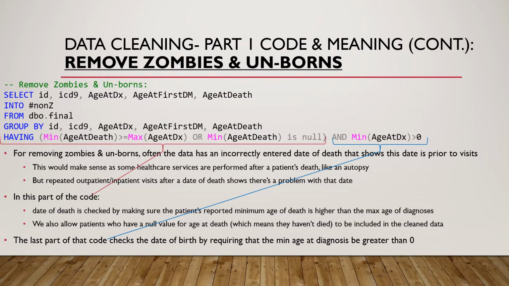In this part of the code, in the red brackets, date of death is checked by making sure the patient's reported minimum age of death is higher than the max age of diagnosis. We also allow patients who have a null value for age at death, which means they haven't died, to be included in the clean data. The last part of that code checks the date of birth by requiring that the minimum age at diagnosis be greater than 0.